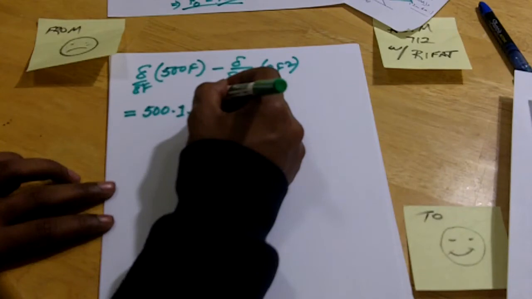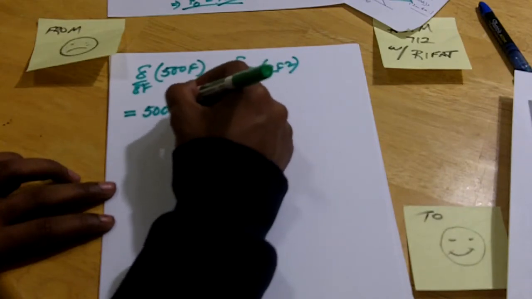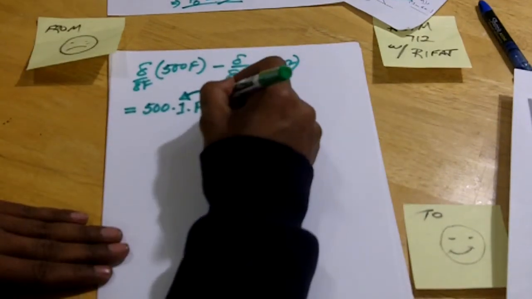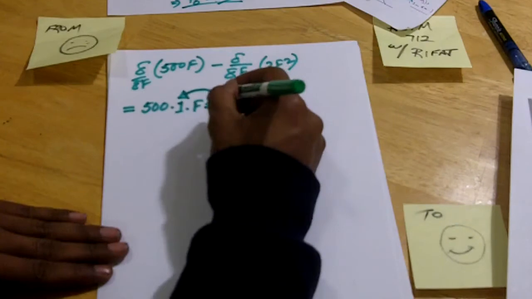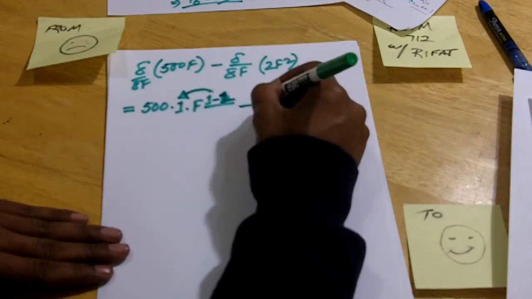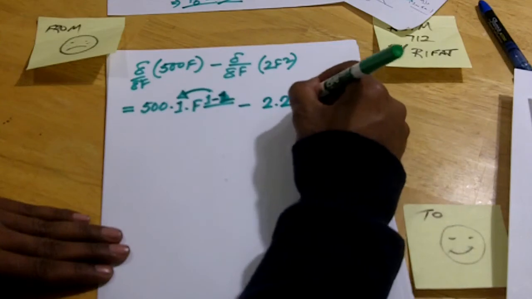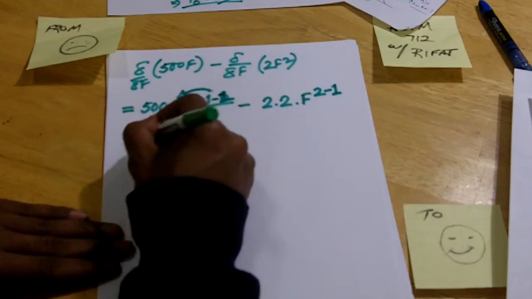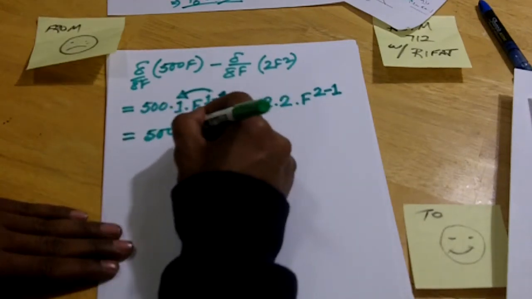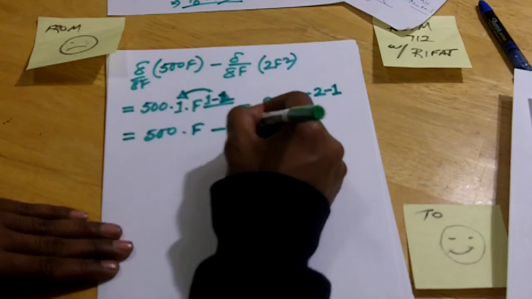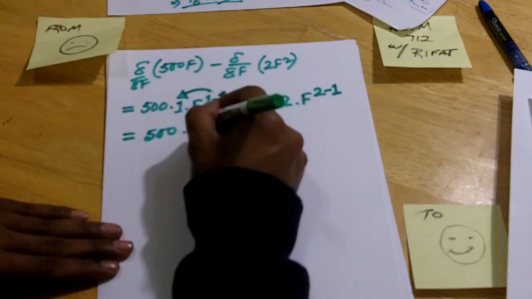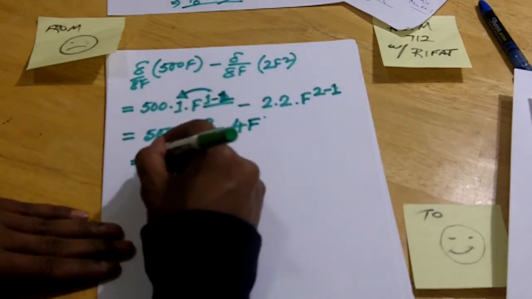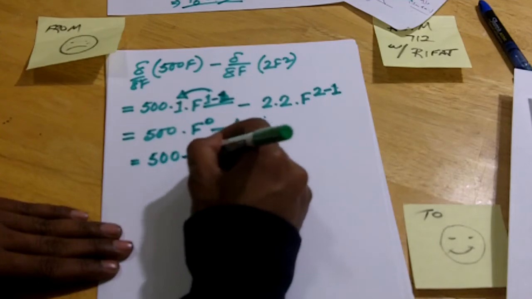We have to put this exponential thing in multiplicative form, and then minus 1 from the exponent. So it will be clear from this point. The ultimate thing will be 500 into P to the power 0 minus 4P. We all know that P to the power 0 equals 1, so 500 minus 4P.